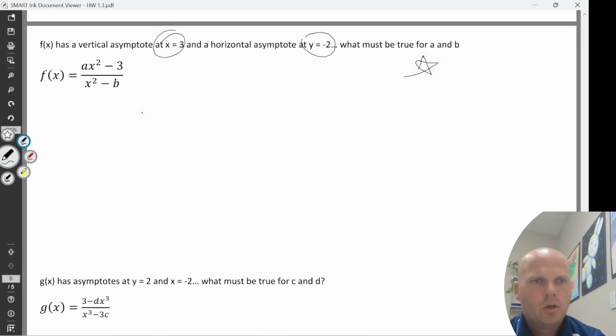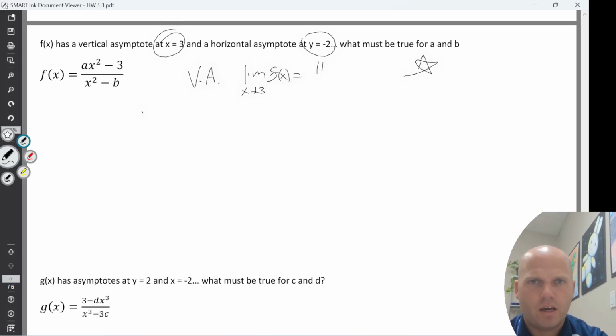Well, we know vertical asymptotes occur when we plug in the value into the function and we get a number over 0. So when I plug in 3 into the function, I get 9a minus 3 over 4 minus b. Well, guess what? This equals 0 when b equals 4.